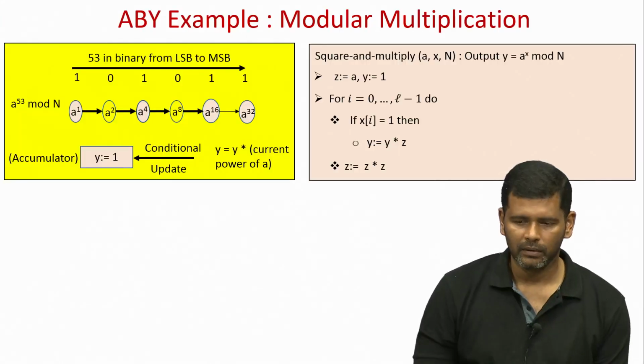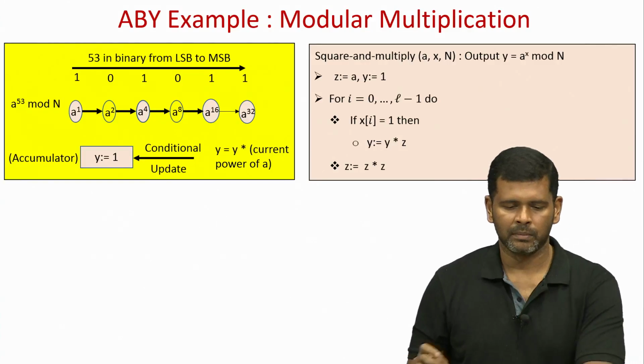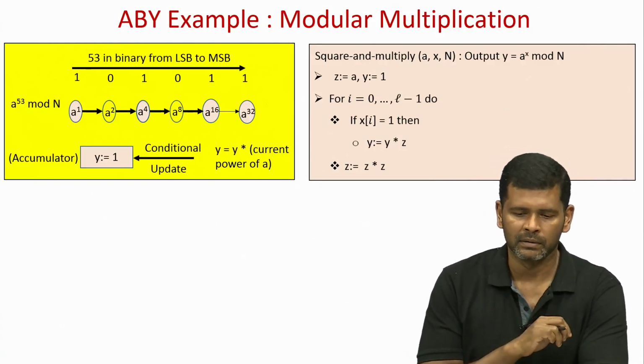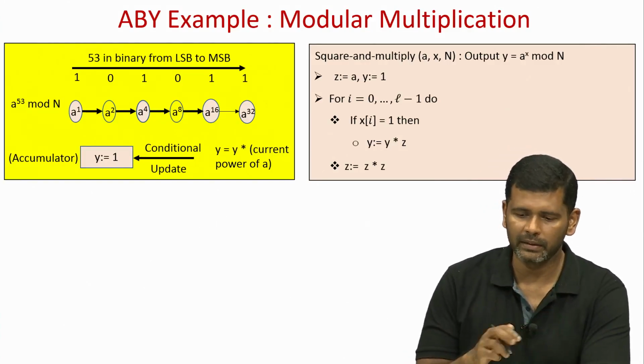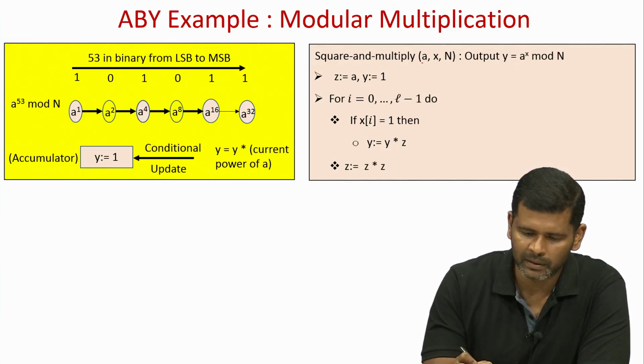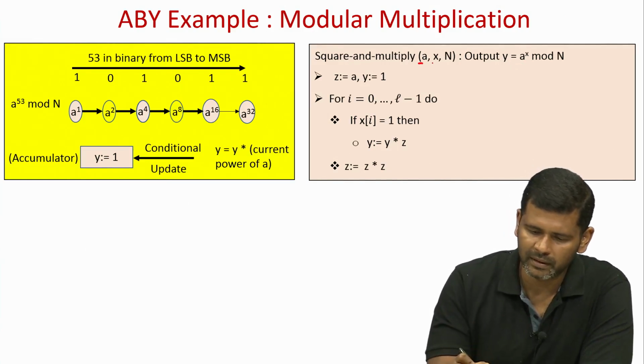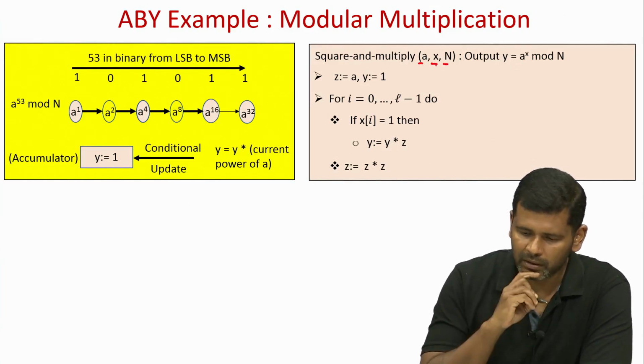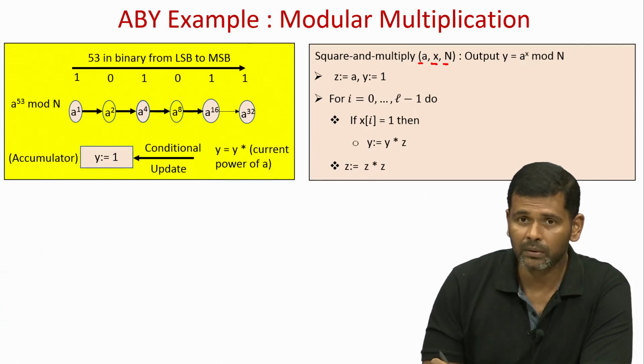Okay. So, participants who are familiar with the square and multiply trick will know that if we want to compute a to the power x mod n, where a is the base, x is the exponent and n is the modulus, then we do not do the following.